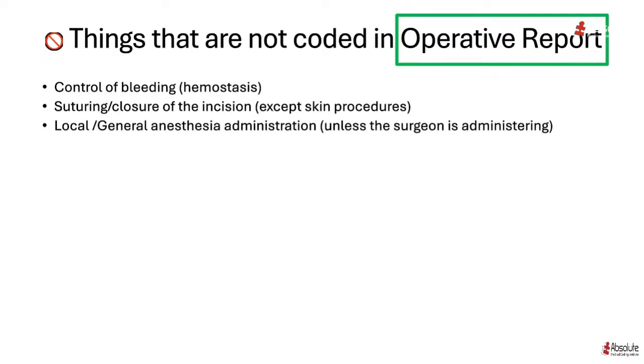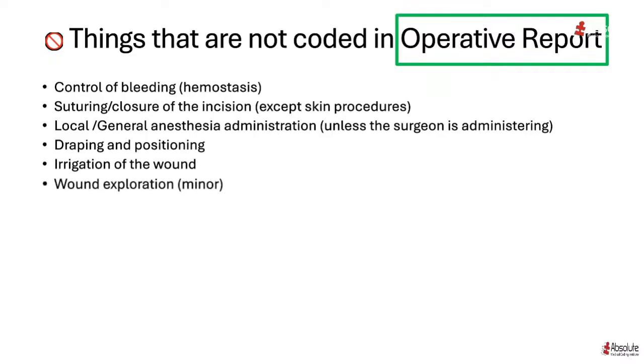Don't code local or general anesthesia unless the surgeon is administering it. An operative report is the surgeon's report, so we're only coding for the surgeon. Do not code for draping and positioning of the patient. Do not code for irrigation of the wound or minor wound exploration. If he's just looking around, don't code it.